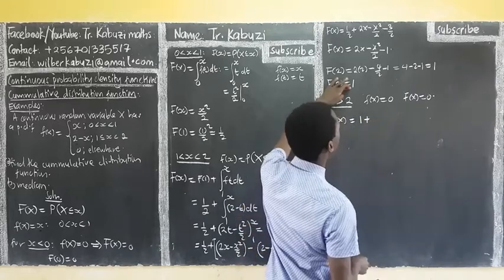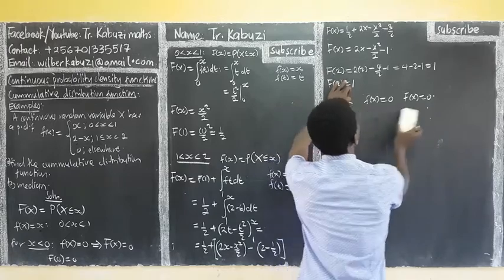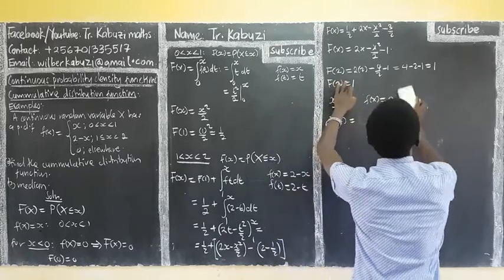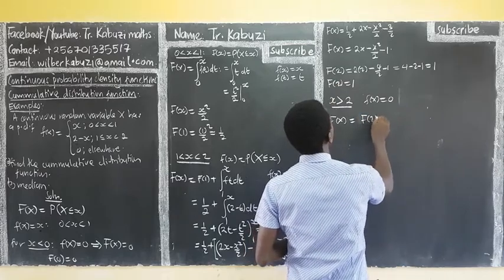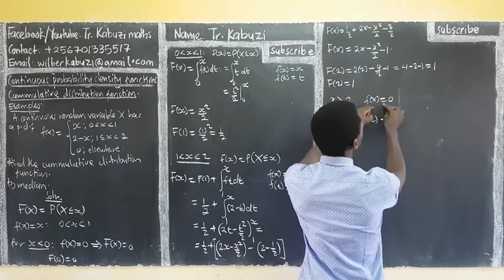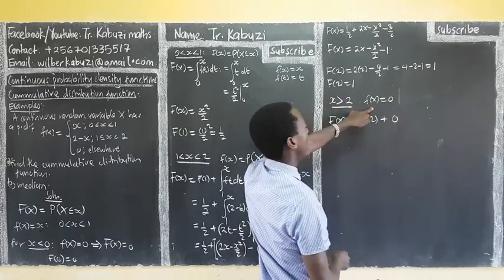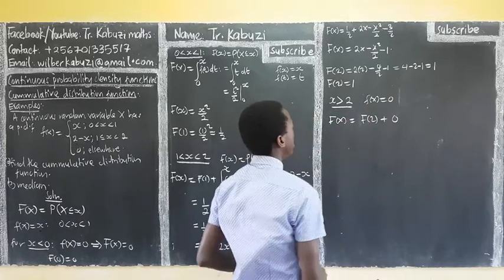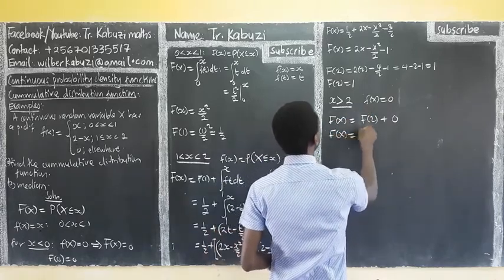Remember we're calling this one the F of 2. Make it clear. It will be F of 2 plus when it's above 2. But if this is 0, even our capital F of x is going to be 0 in simple terms. So you see that our F of x here is 1.